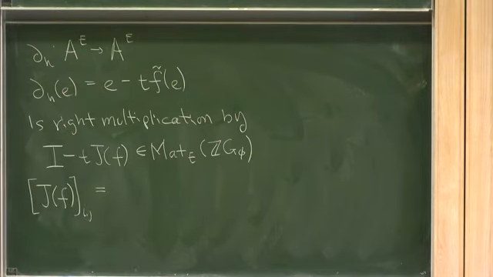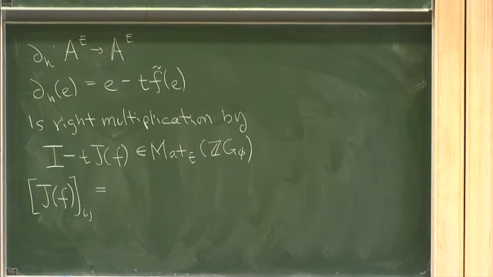And how is it defined? Well, it's essentially like the transition matrix. You count the number of times E_j appears in the image of E_i, but you're not just counting the number of occurrences. You record where they are and what orientation you got.